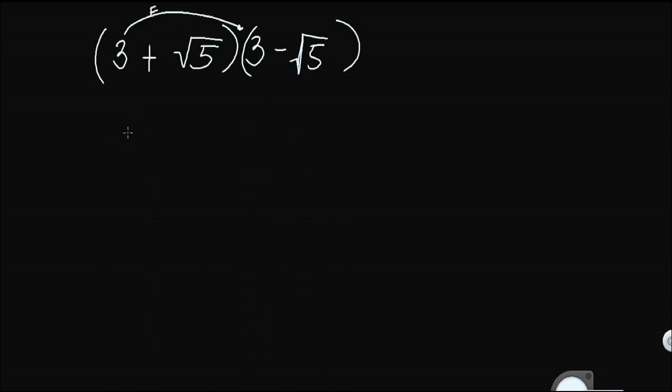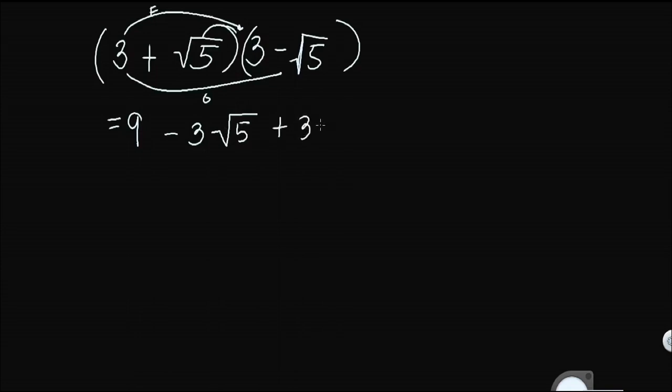Yan ang first term natin. That is 9. For the outer term, 3 times negative square root of 5, we have negative 3 square root of 5. For the inner term, the square root of 5 times 3, that will be positive 3 square root of 5. And for the last, we have square root of 25.